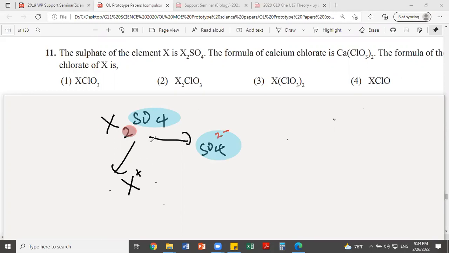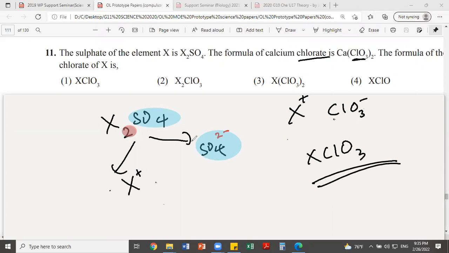Now formula of calcium chloride is formula of the chlorate of X. Chlorate is what? ClO3. So when X combined with chlorate, ClO3 minus, X plus, just to combine, charges are balanced. 1 1, X ClO3.